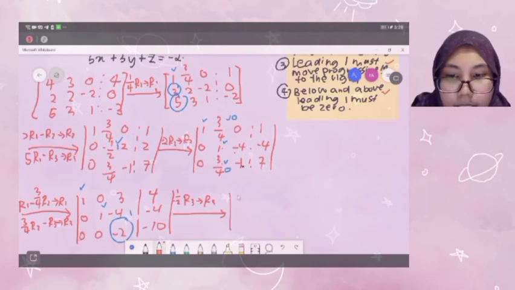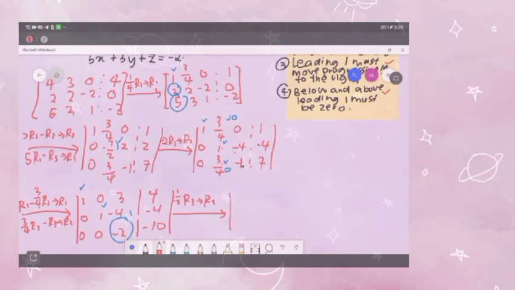Okay, let's see. So 0, 1, -1/2 times 0 is equal to 0. -1, this one is 0 also. -1/2 times -2 is 1 here, and -1, -1/2 times -2 is equal to 5 here. Okay, so we just copy it back. 1, 0, 3, 4 here, 0, 1, -4, -4 here.